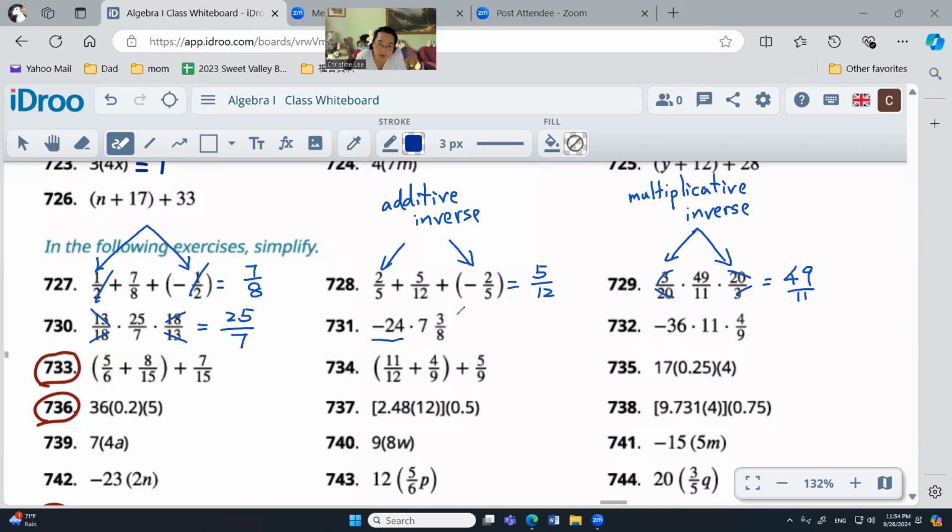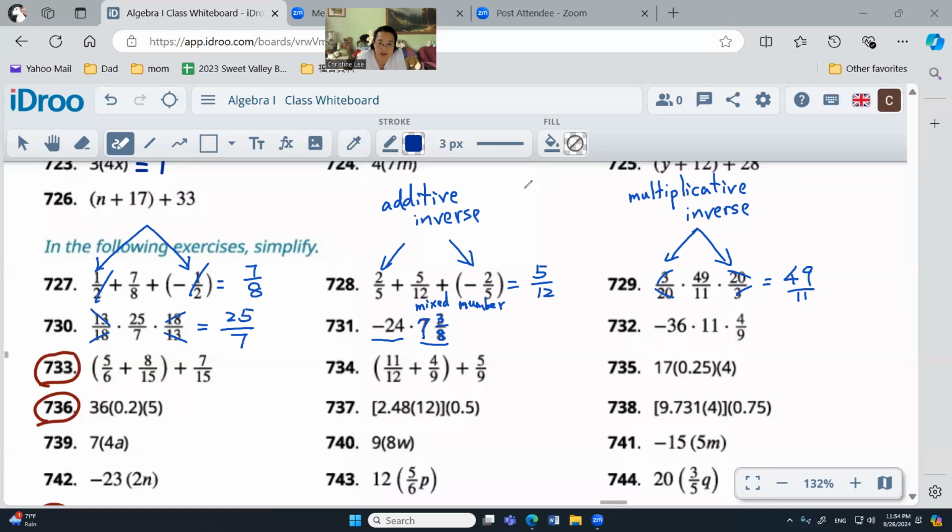All right, now what do we do with this? This is a whole number, and this is a mixed number. A mixed number is when you have a whole number and you have a fraction, and you cannot multiply this way. You have to change it to a fraction, top and bottom.